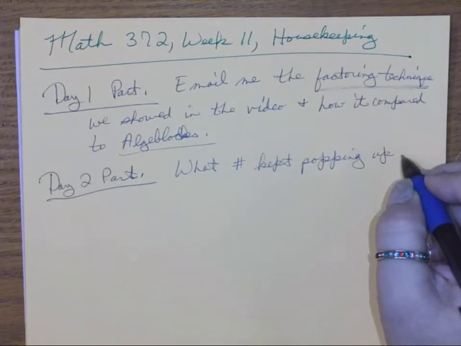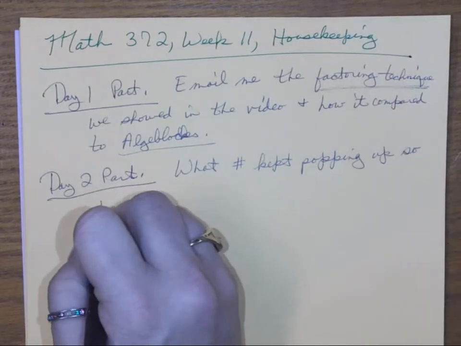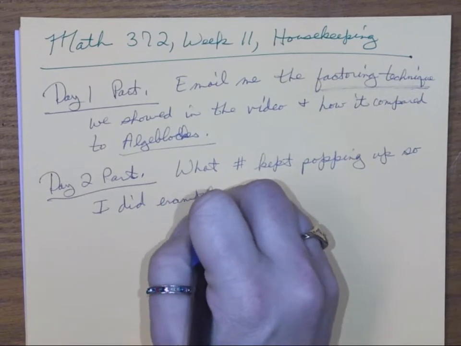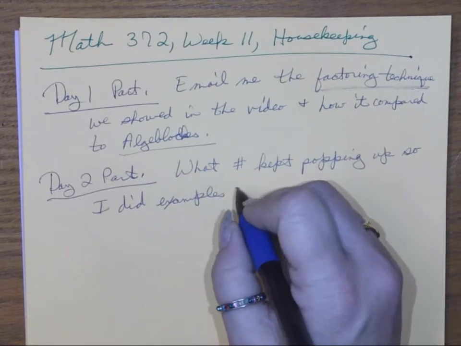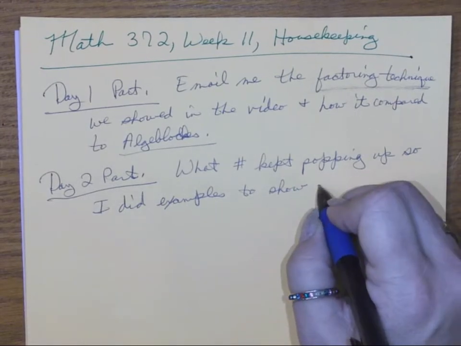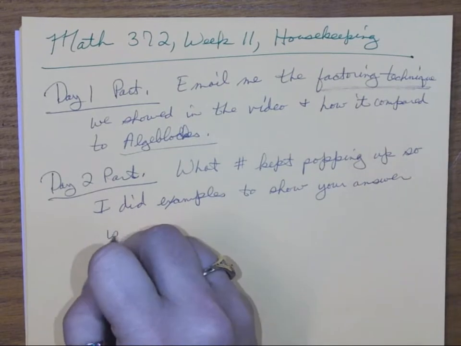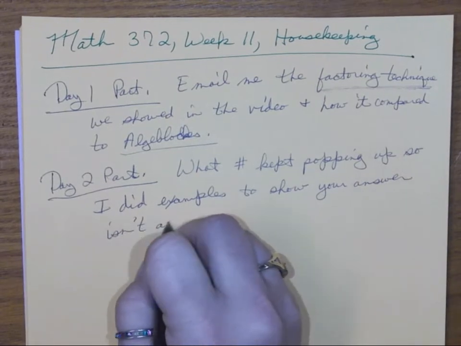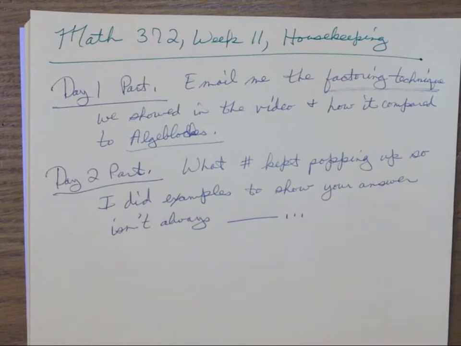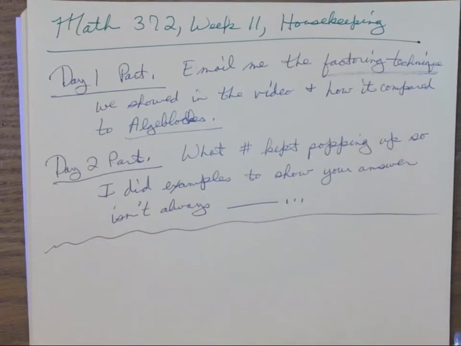I didn't want you to see a false pattern there, so I did an example, I don't remember what it was, to show that's not always the answer. Your answer isn't always that number. Okay, so those are your two participations. Email those to me and let me know.